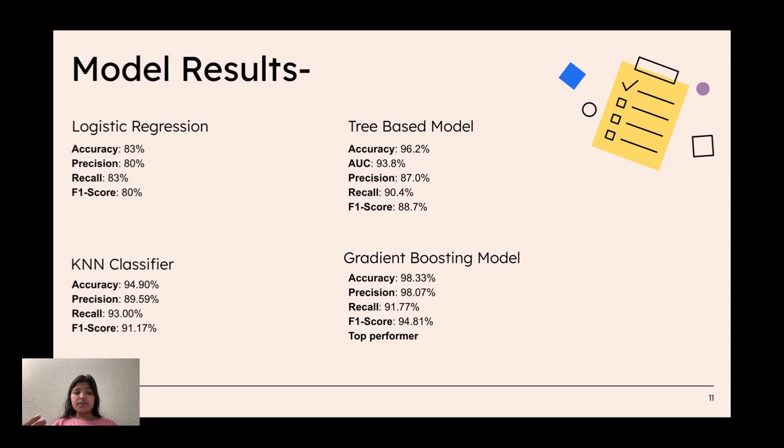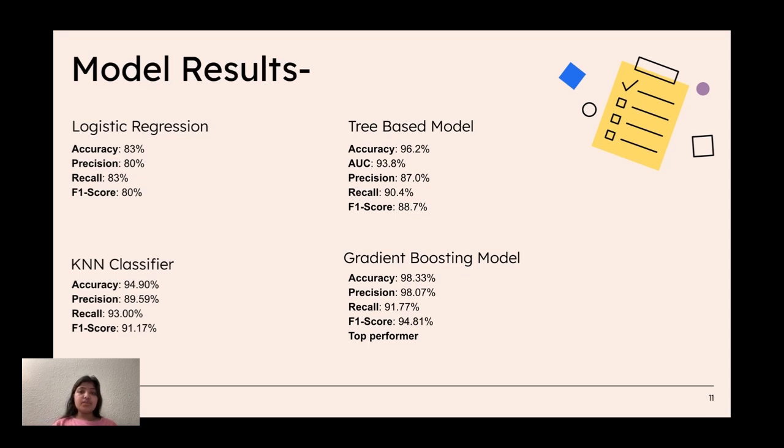Then we picked tree-based model, which was a decision tree and random forest, and we were able to come up with a F1 score of 88.7%. Then we considered KNN classifier, and with that we were able to achieve even higher F1 score, which was 91.17.